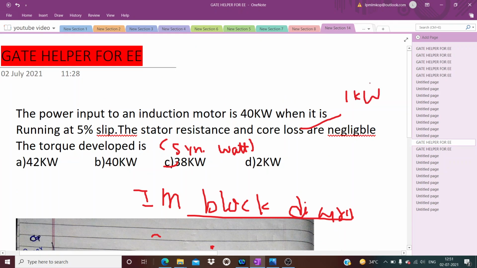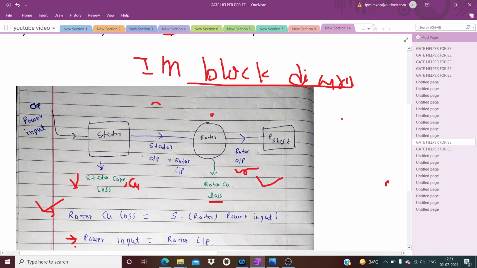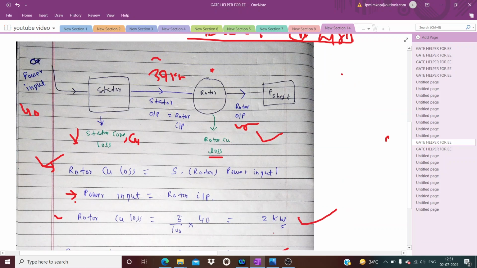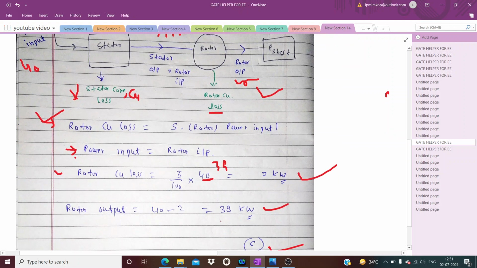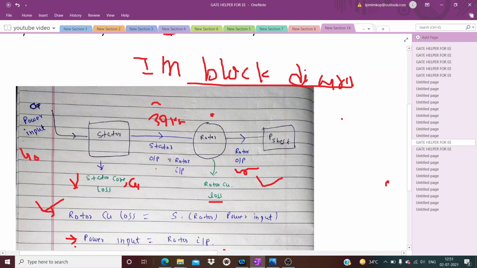If 1 kilowatt is given to you, then you will subtract it: 40 kilowatt is the input, you subtract 1 kilowatt, and 39 kilowatt is the rotor input. So you have to consider that and subtract it. Since it is given as 0, it will be simply 0.